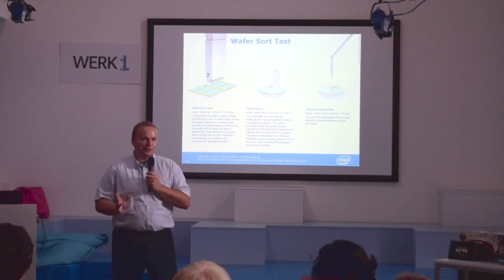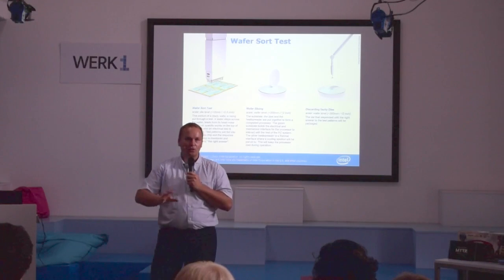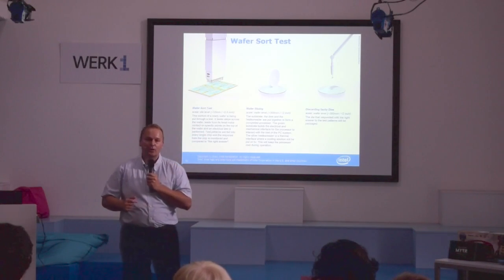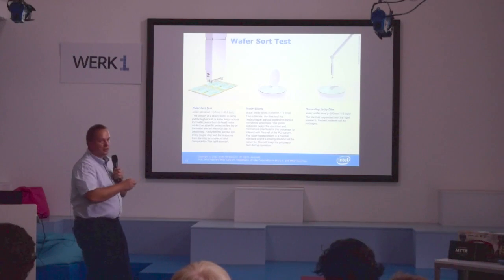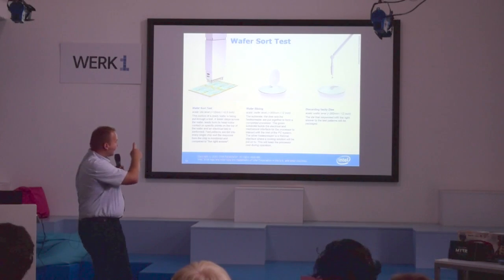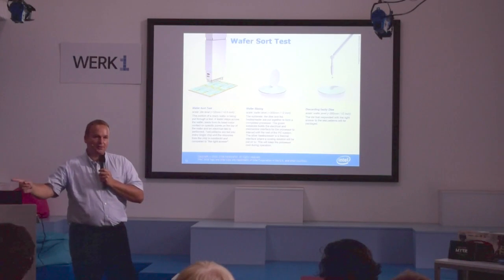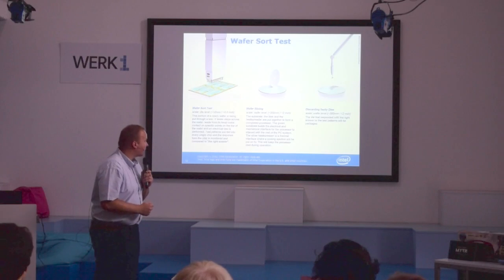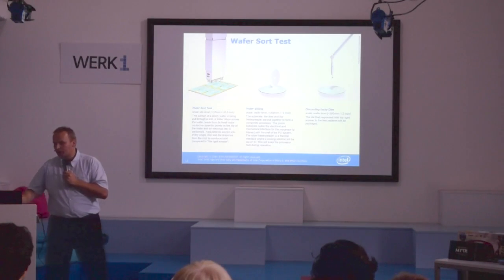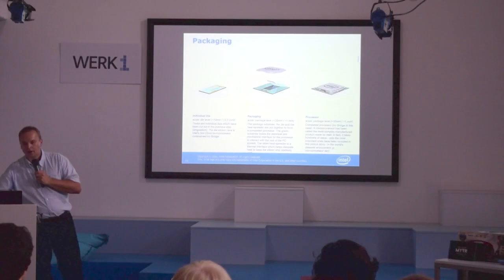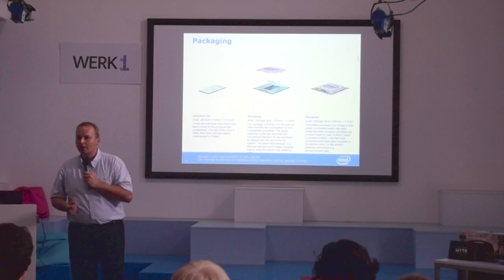But unfortunately, most of the time, they aren't perfect wafers. There's a few chips that don't work, so we have to test whether they work or not. And then they're marked good or not good, and then they're sliced into the little rectangles, and the bad ones are taken away, and the good ones are packaged. The individual die is packaged into a CPU.